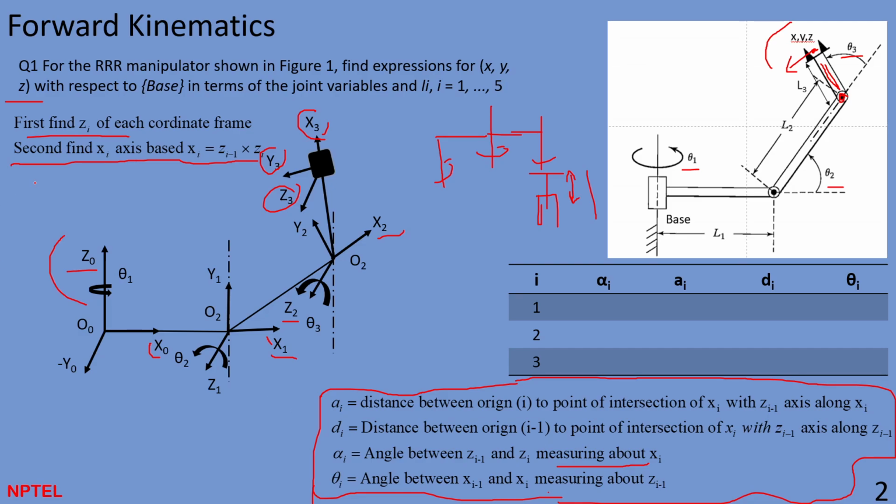So the angle between z naught and z1 is measured along xi, and when you use the right hand thumb rule, you'll see alpha 1 will be 90 degrees.